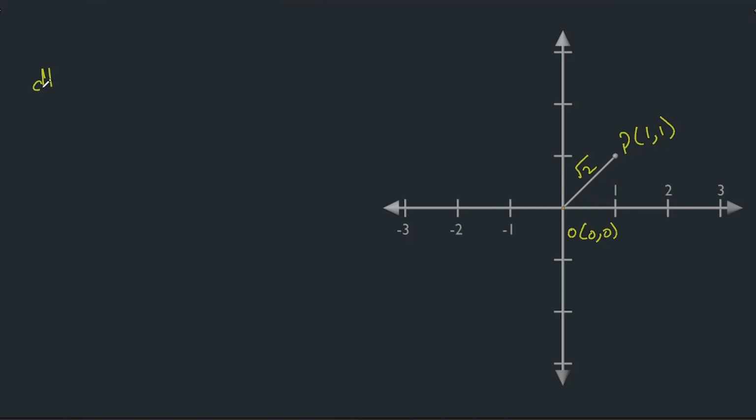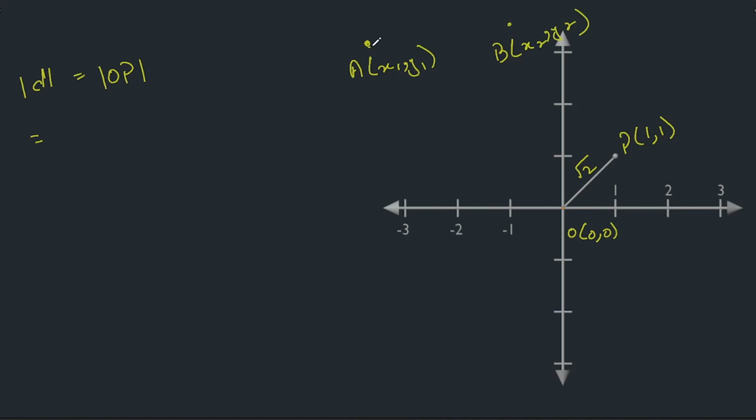The distance between the points O and P is equal to, before applying the distance formula, let me remind you how to find the distance between 2 points. For example, the point A has coordinates x1, y1 and the point B has coordinates x2, y2.